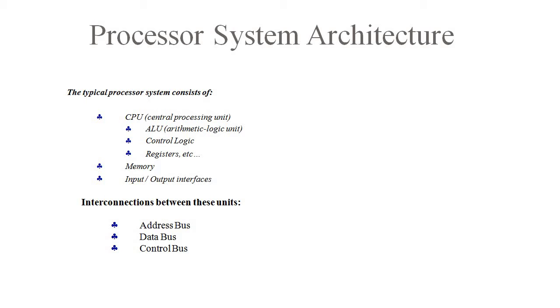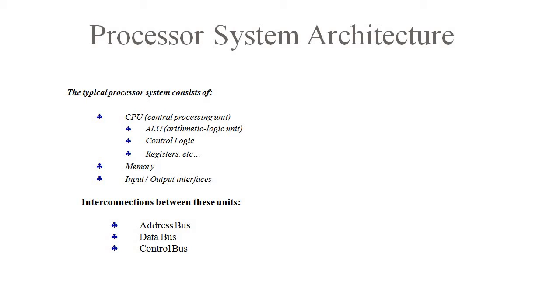So these are the parts of CPU, that is ALU, control logic and registers. So CPU consists of these three parts. Then processor is connected with memory and input and output interfaces.